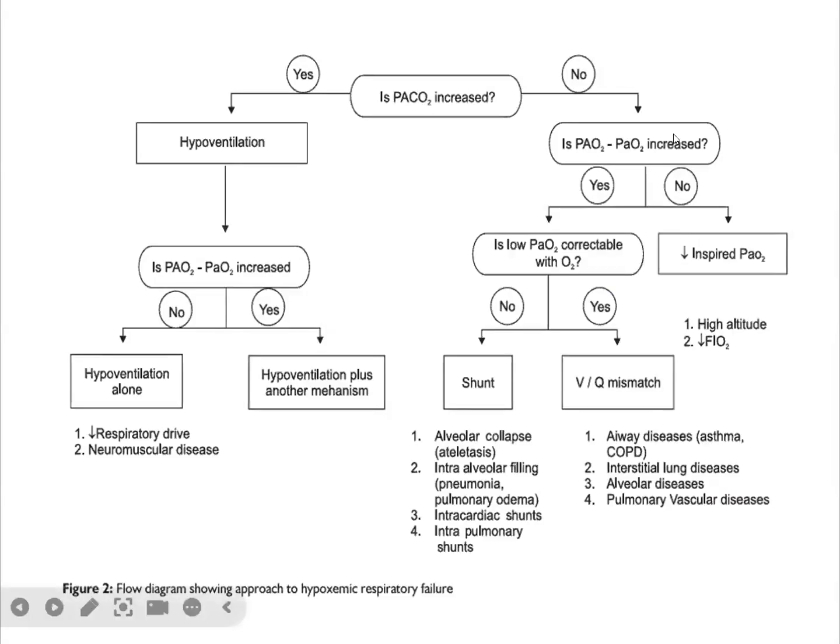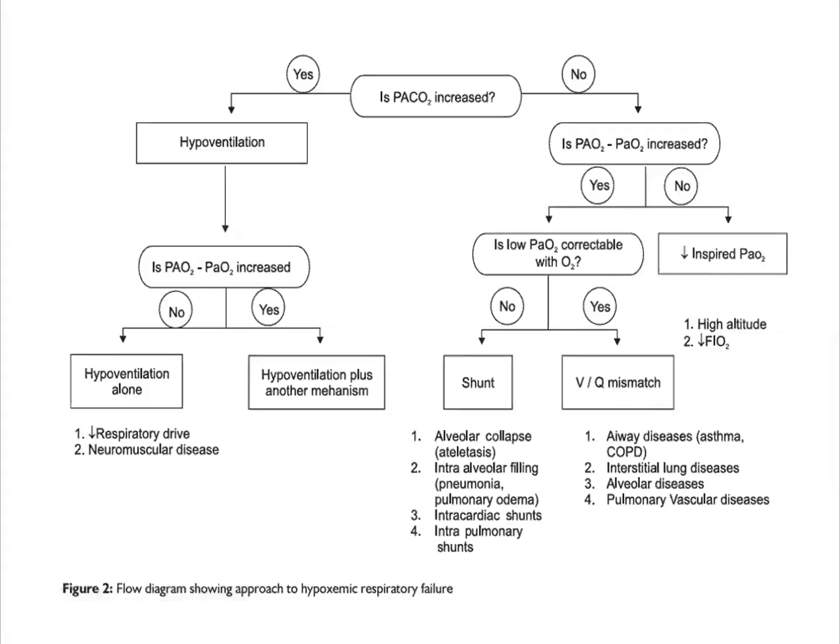Always look at your A-a gradient. Suppose it is increased; see whether you are able to correct it by providing supplemental oxygen. If after you provide some oxygen your A-a gradient decreases or becomes normal, it indicates some VQ mismatch.